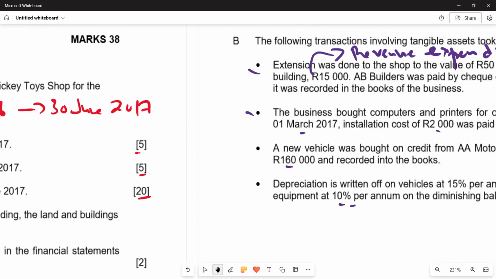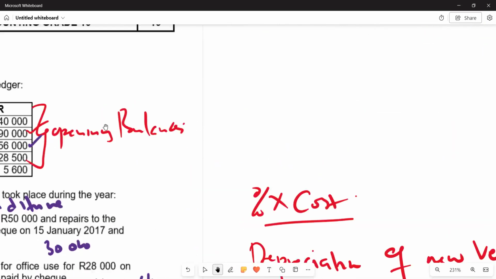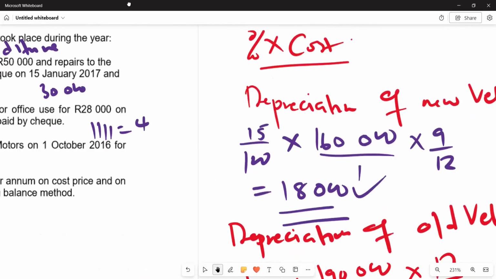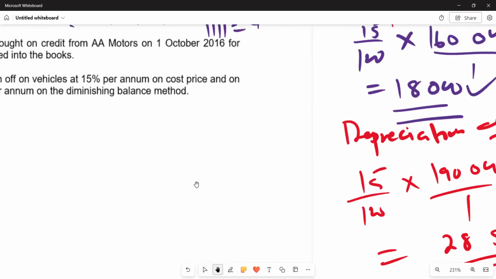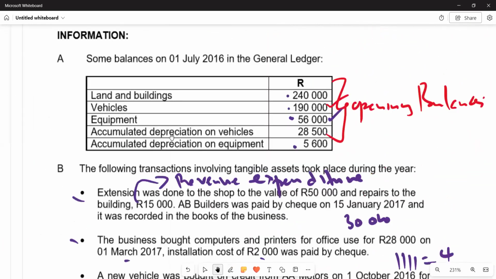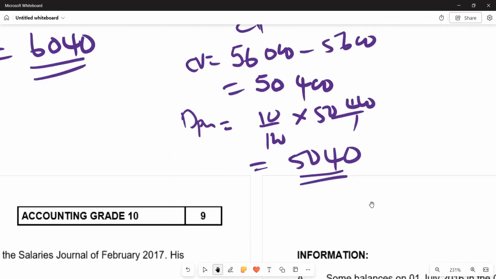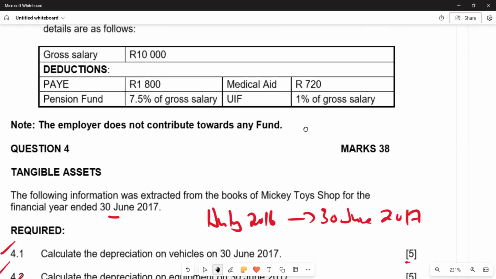We know that according to our calculations, the total depreciation for vehicles, we got 46,500 for vehicles. Then for equipment, we can check again. For equipment, total depreciation is here, 6,040. So we're going to enter those figures. There is our depreciation for the year.